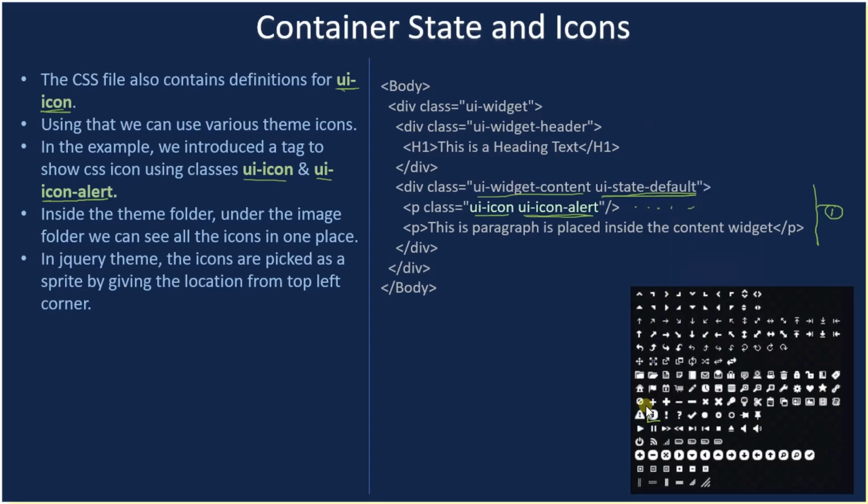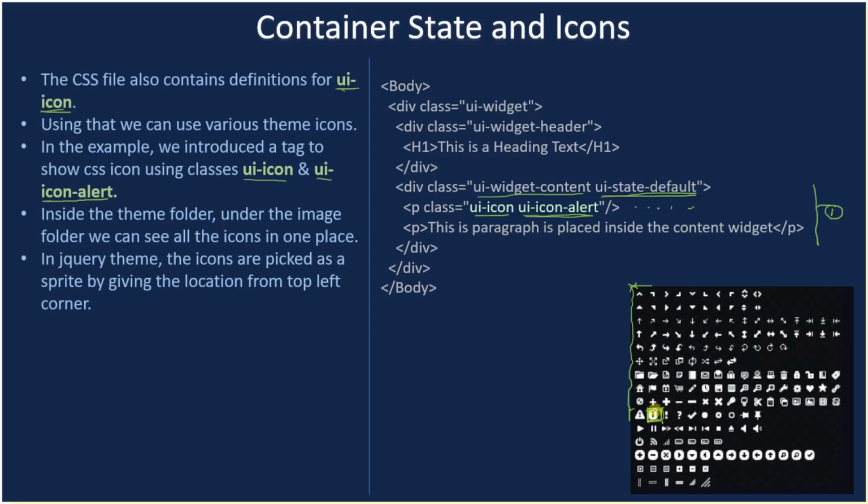What jQuery UI will do, it will pick this icon by referring to it from this top left corner. So it knows how many pixels to move. We don't need to do anything. The jQuery API will take care of it. So it knows the X and Y location and takes this with a specific width and height.